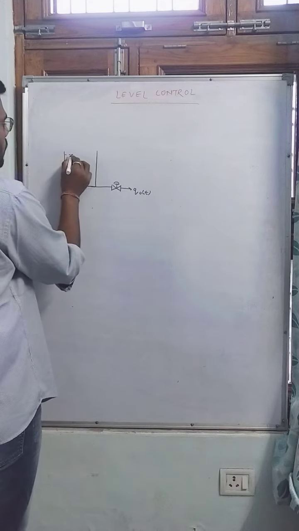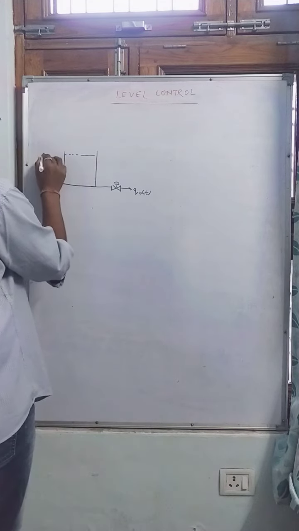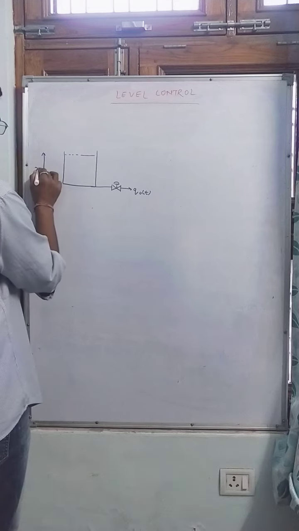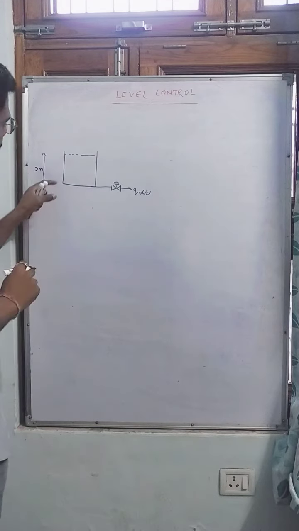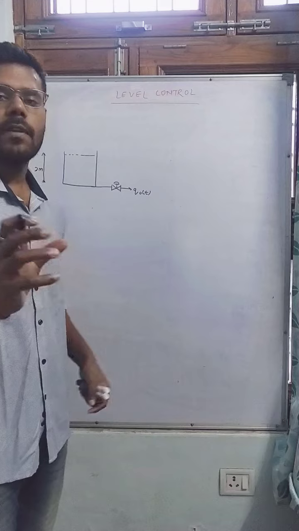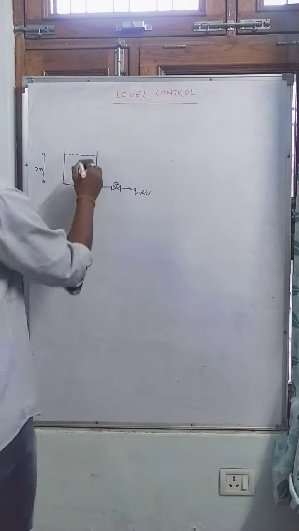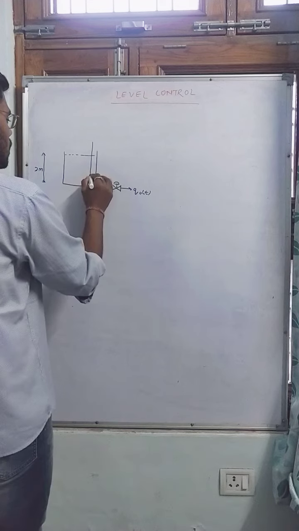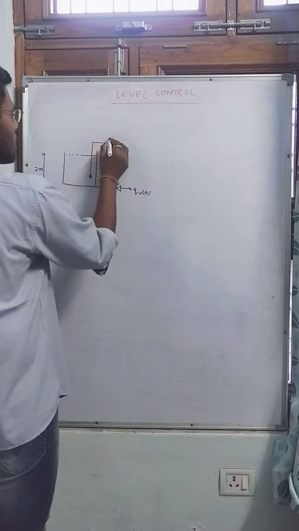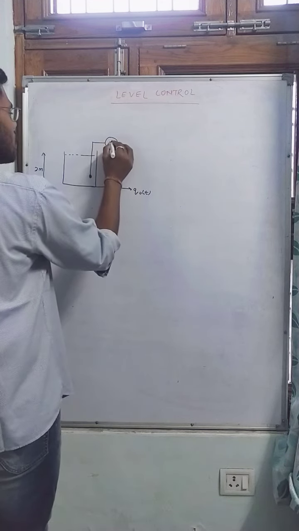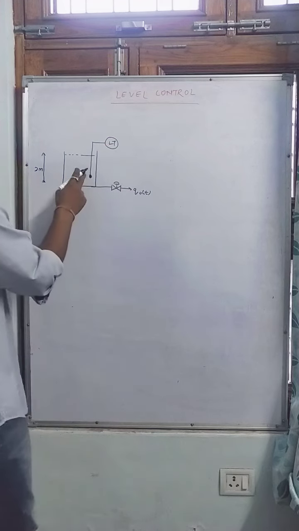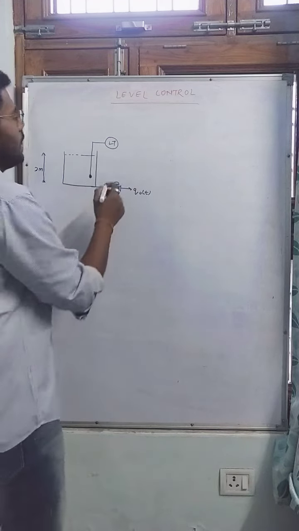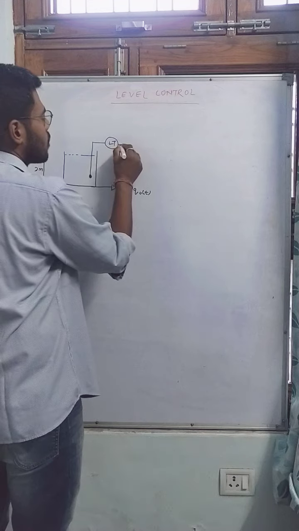The maximum height up to which we can fill the liquid, I am considering, is 2 meter. The level in the drum will be sensed and transmitted through the level transmitter.